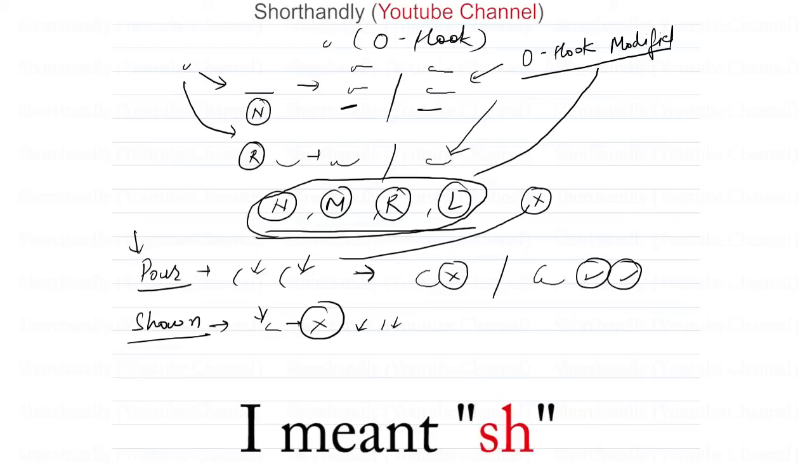Here's the condition: because we have this S, which is a downward stroke, we cannot use this O hook modified, which means we cannot make the word shown like this. This is wrong. We have to make the word shown like we usually attach the O hook, like this.